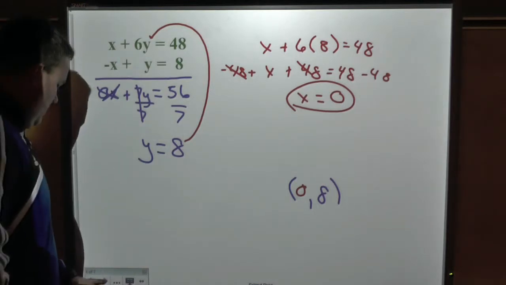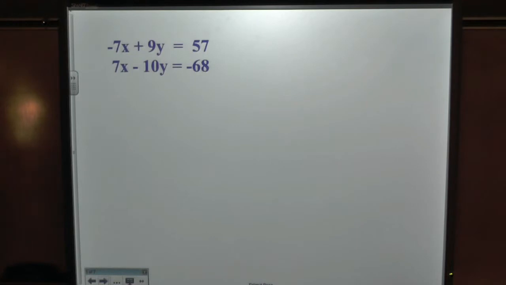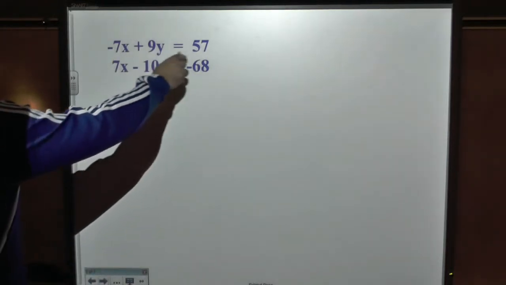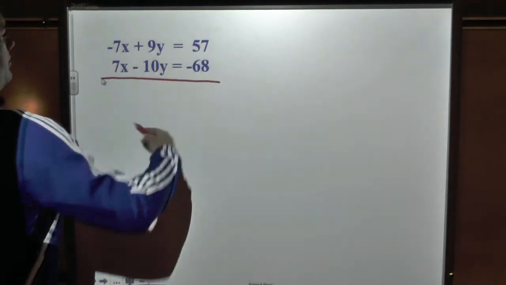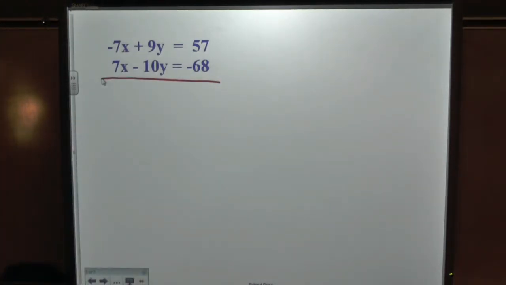All right, next one. Negative 7x plus 9y is equal to 57. Then 7x minus 10y is equal to negative 68. Same idea. We're again trying to eliminate a variable so that we can solve an equation. Right?